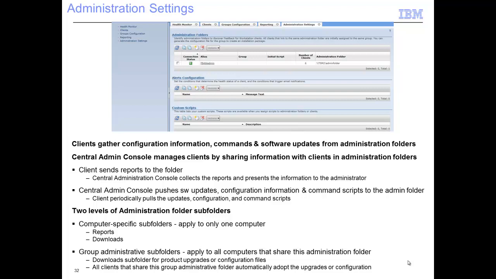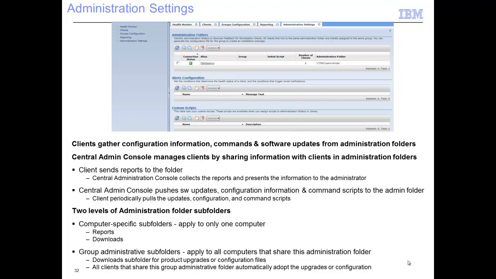The folder will have 2 levels. The first level is a computer-specific subfolder, and there'll be 1 per FastBack for Workstation client out there. And in this computer-specific folder, FastBack for Workstation Admin Console will pick up reports from the clients, as well as be able to push out specific downloads for that specific client.